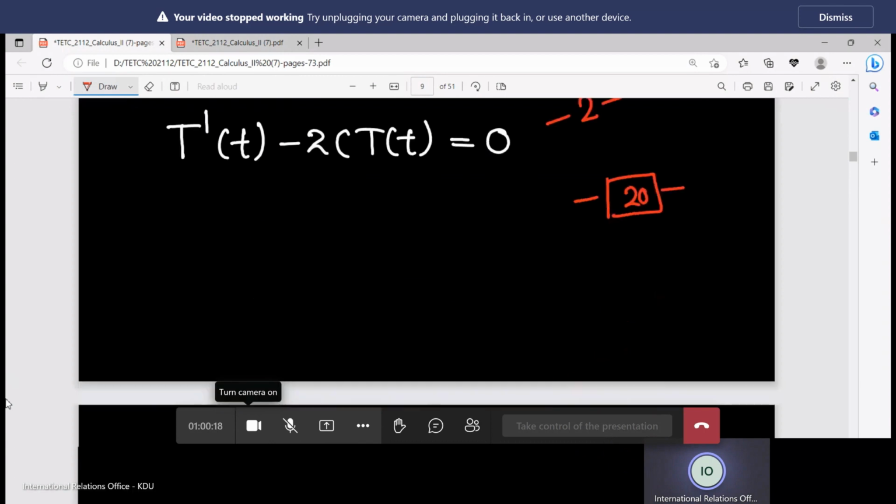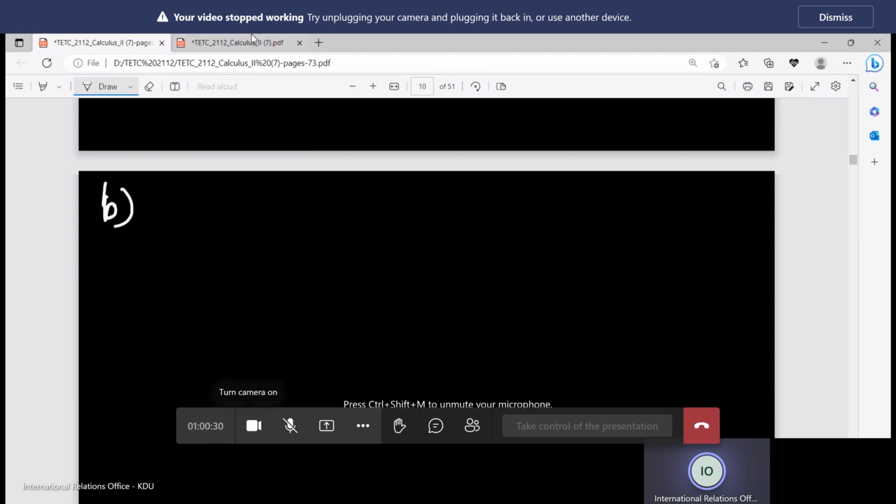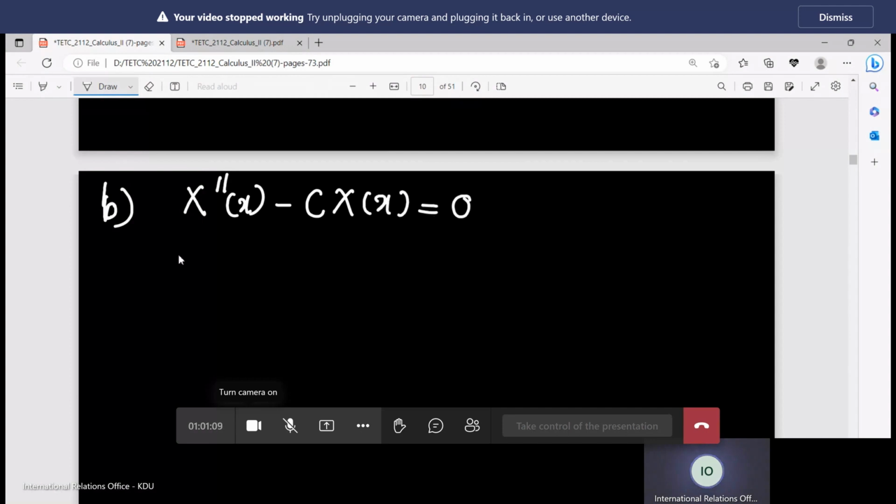Now we are going to start part 2. So this is the most important thing. Part B. From the first part, we have shown that X double dash x minus cX is equals to 0 and T dash t minus 2c T is equals to 0.